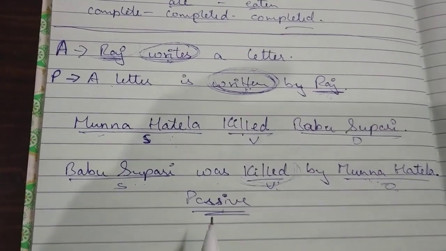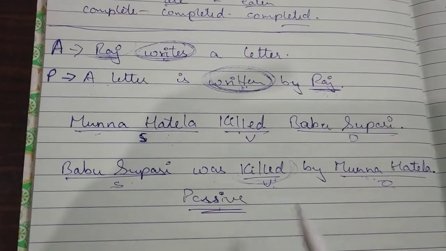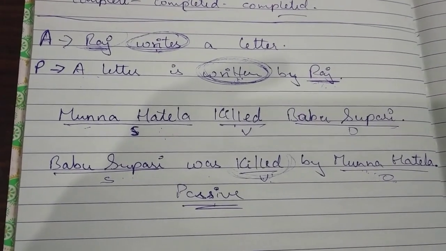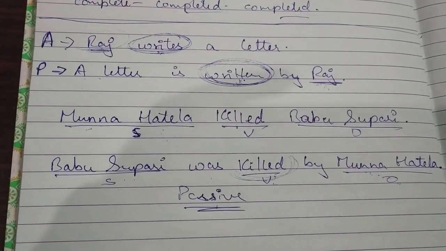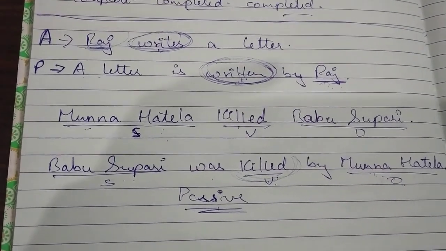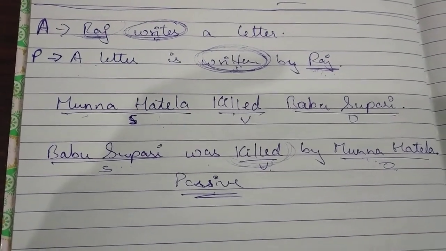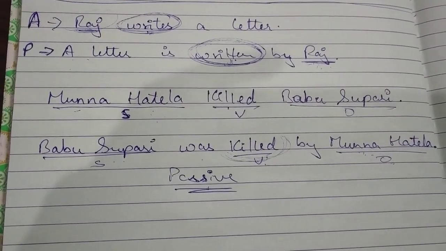Okay, now let us come to how you will be converting the active into passive. And how you have to convert passive into active, that we will be doing later on, and what are the rules involved in it. Only one rule we will be studying today and the rest we will be keeping for later lectures.